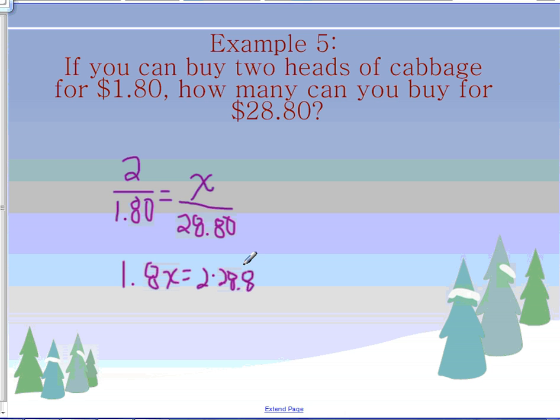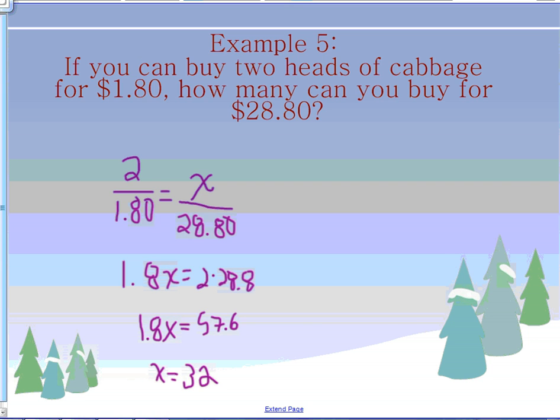And 28.8 times 2 is 57.6, which equals 1.8x. Divide 57.6 by 1.8, and I can buy 32 heads of cabbage.